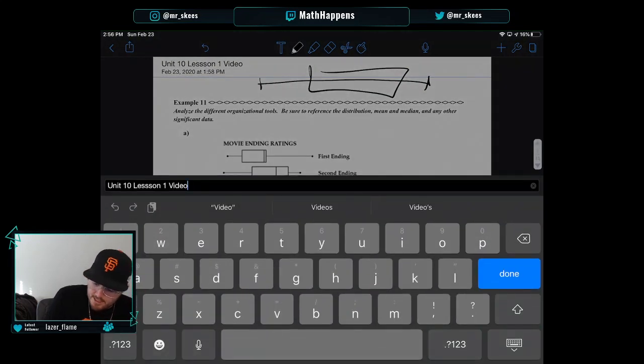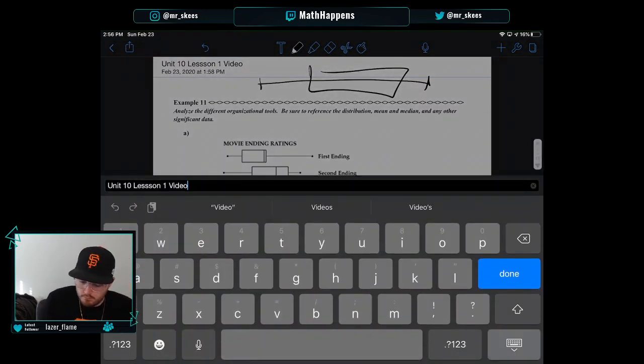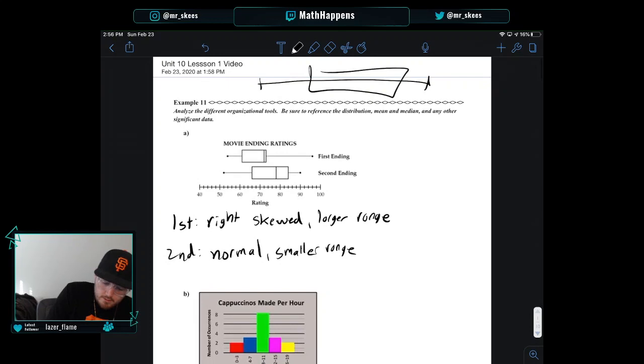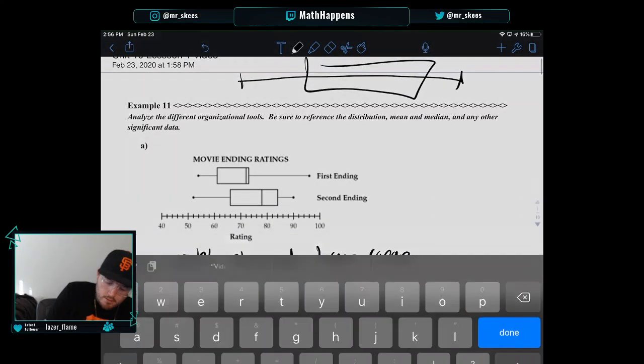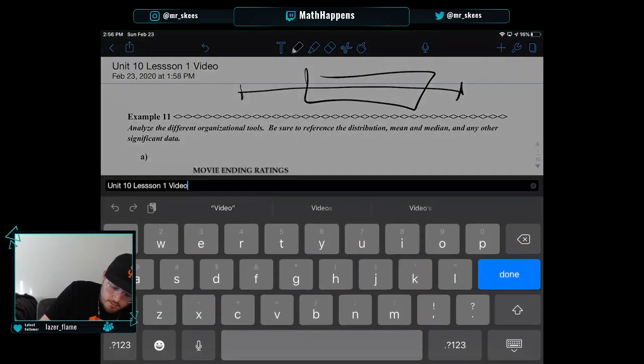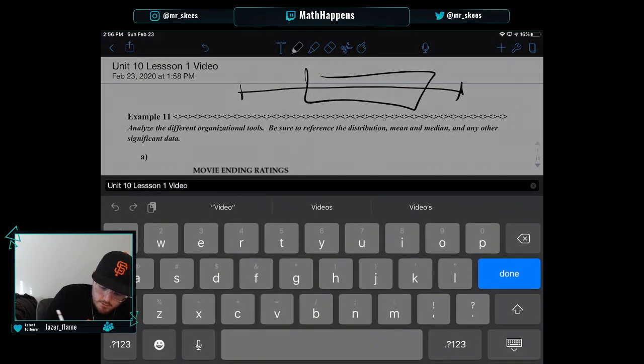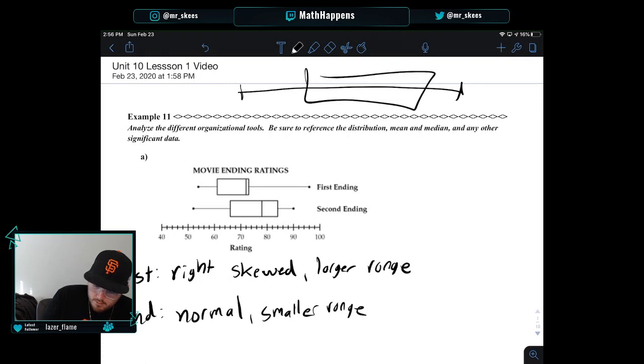One-fourth. Why does that keep popping up all of a sudden? One-fourth of the data is there.